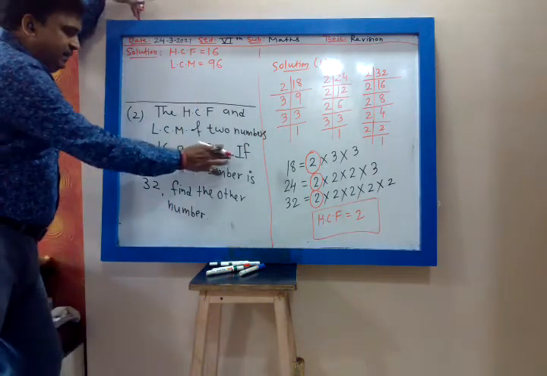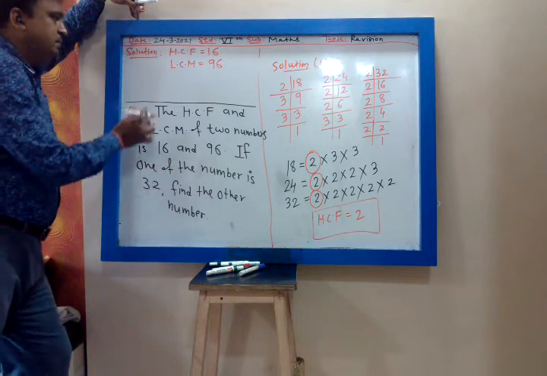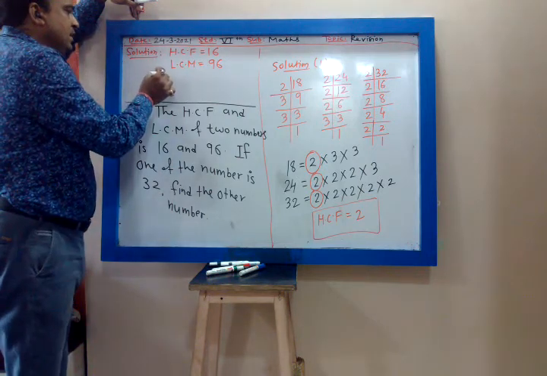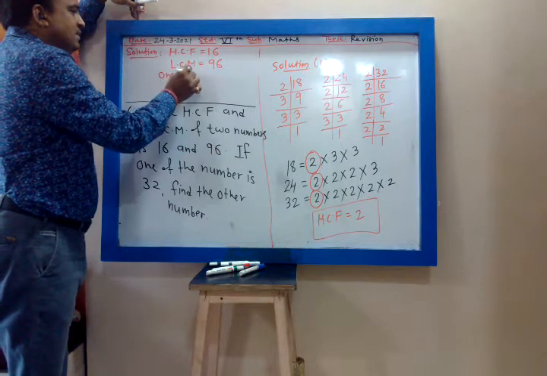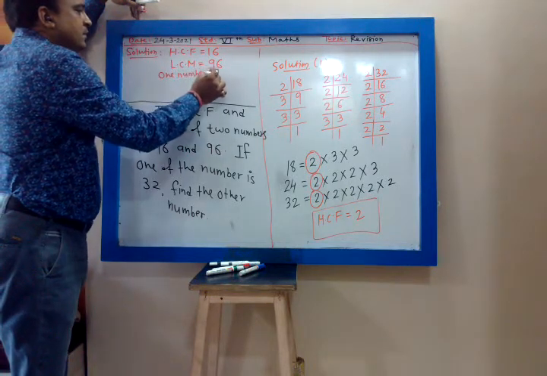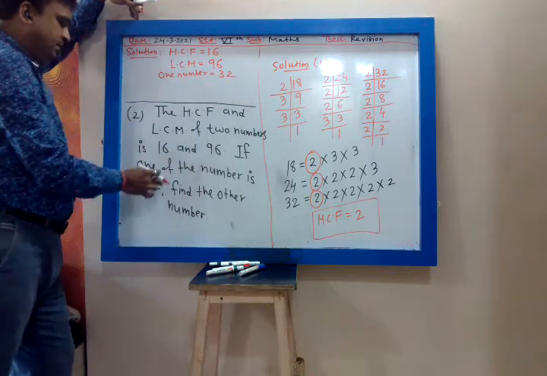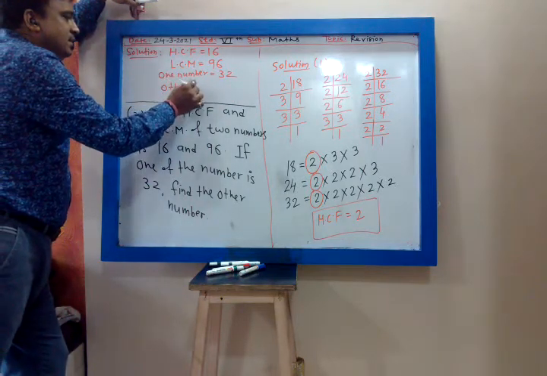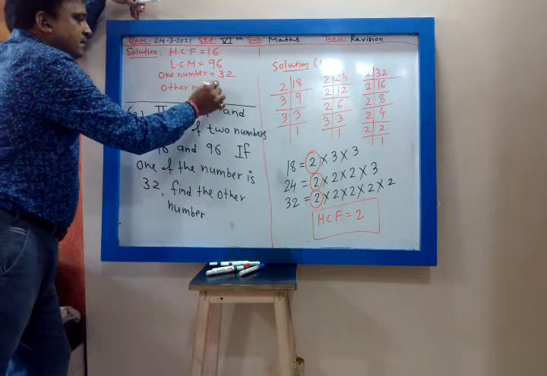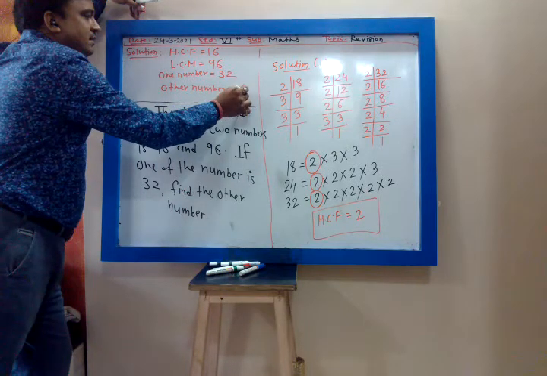Then one of the numbers is 32. One number is given. Then find the other number.